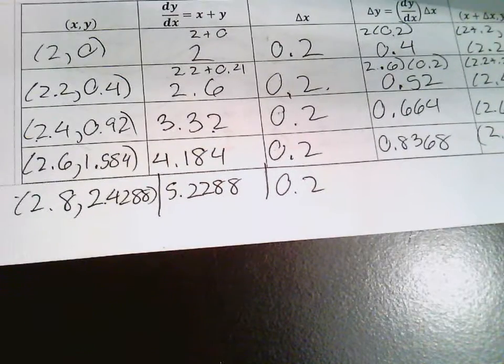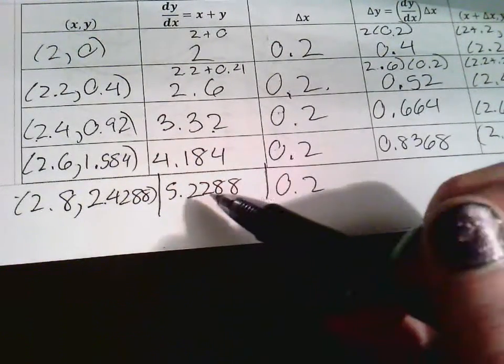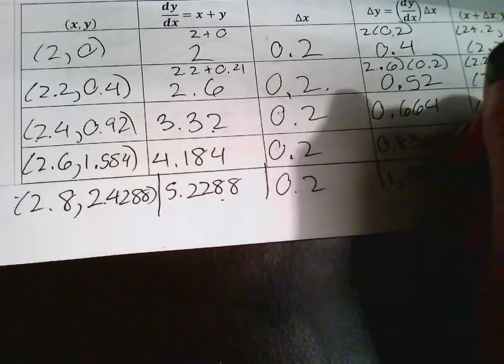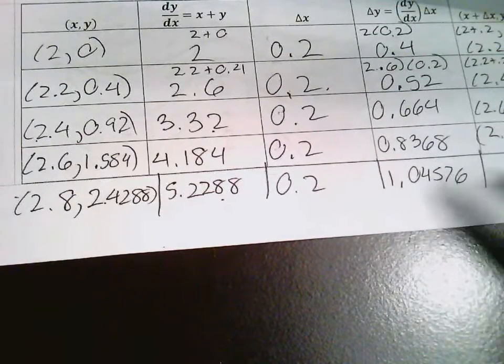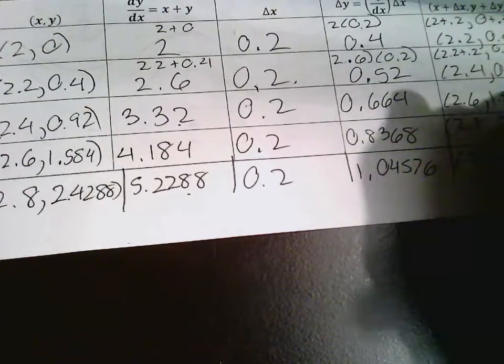Change in x is 0.2. dy over dx is 5.228 times change in x, so this times that, 1.04576. 2.8 plus change in x is 3. Yay, that's f of 3 right there.